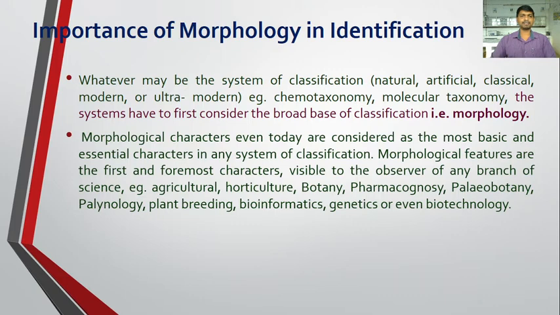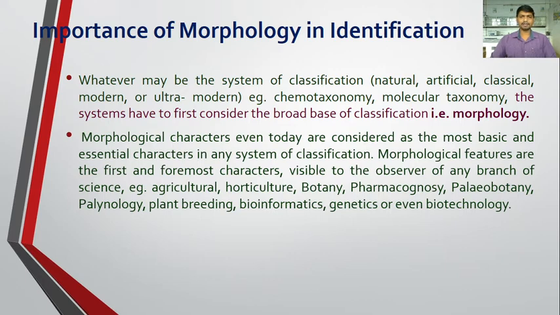Morphological features are the first and foremost characters visible to the observer of any branch of science, and these morphological characters are the features that have been used in the system of classification, as all classification systems have the most basic and essential morphological characters.